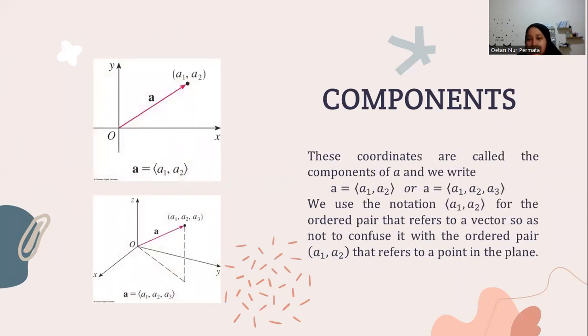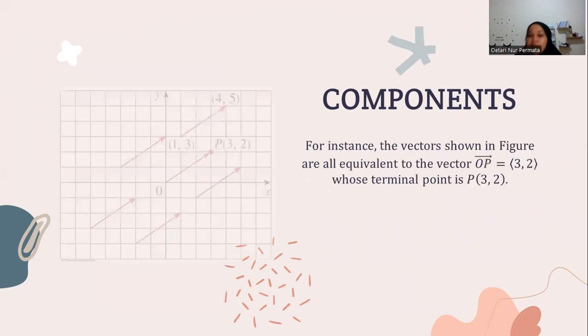These coordinates are called the components of a, and we write a equals ⟨a1, a2⟩ or a equals ⟨a1, a2, a3⟩. We use the notation ⟨a1, a2⟩ for the ordered pair that refers to a vector so as not to confuse it with the ordered pair (a1, a2) that refers to a point in the plane.